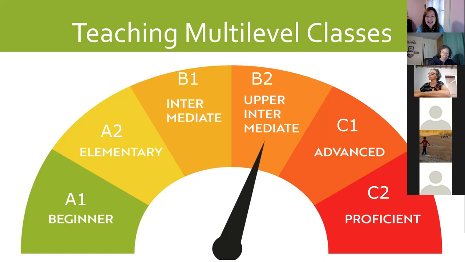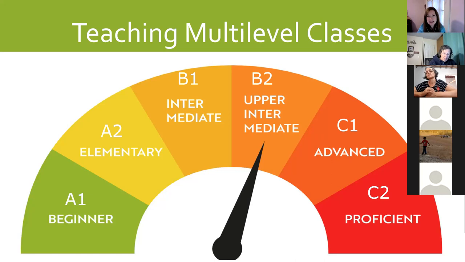We generally tend to have mixed classes where some students are a little higher, some students are a little lower. And as an instructor, we need to adapt our lessons so that the higher level students don't get bored and the lower level students don't get overwhelmed.